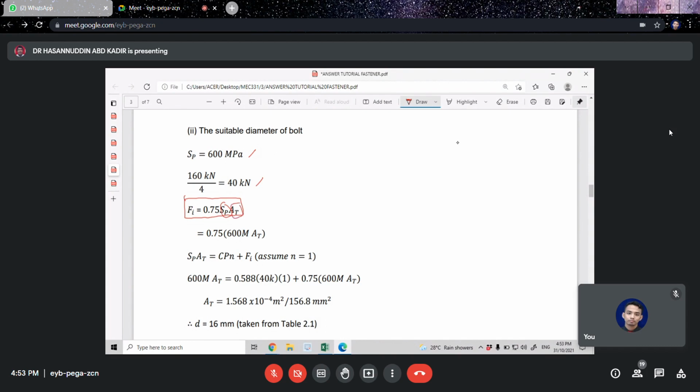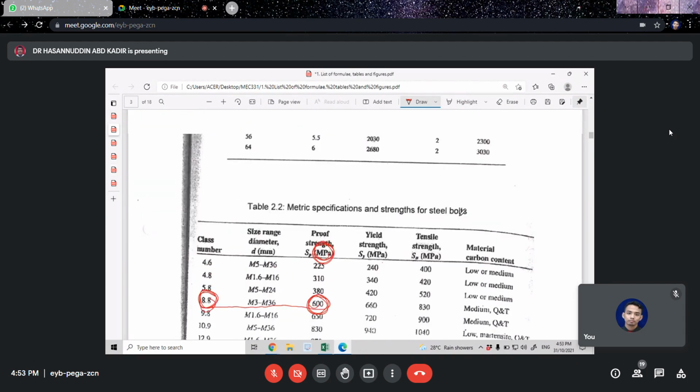And then you multiply with AT. From AT here, we can get the value of D. Refer back to the table. Okay, this one FI. Lepas kita tengok bahagian atas balik, FI.